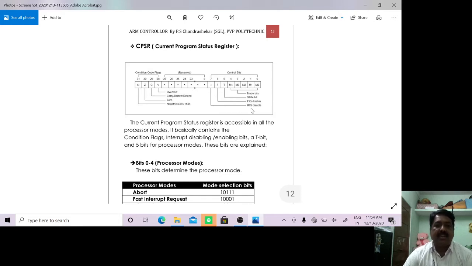That means the IRQ interrupt request is not required by the processor; it wants to override or disable it, then this bit is made 1. And if the fast interrupt request is to be disabled, then this bit is made 1.